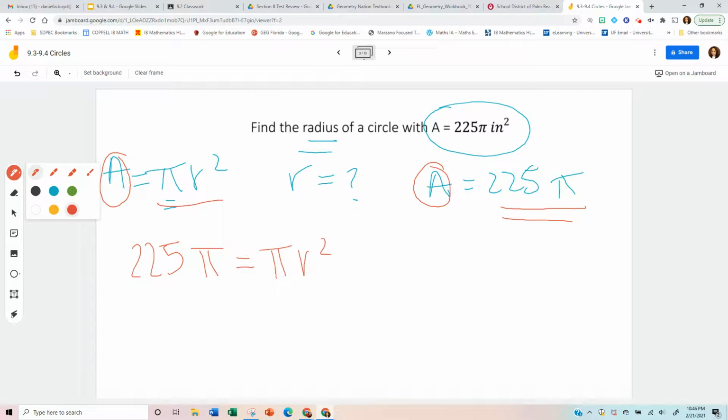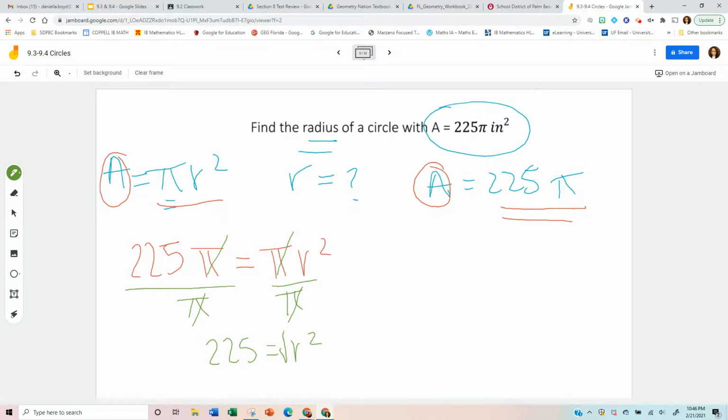So you should notice something pretty cool here. Technically, you're solving for r, so technically you'd be dividing by pi on this side. So pi cancels out. And guess what? When I divide by pi on this side, these pi's also cancel out. So now I have no more pi in my answer, which is good. So I have 225 is equal to r squared. You want to solve for r, which means that you want to square root.